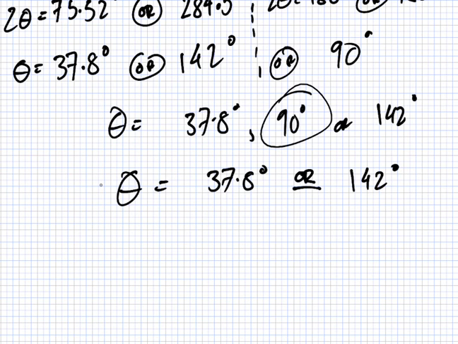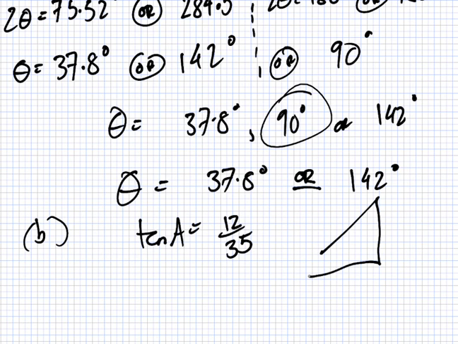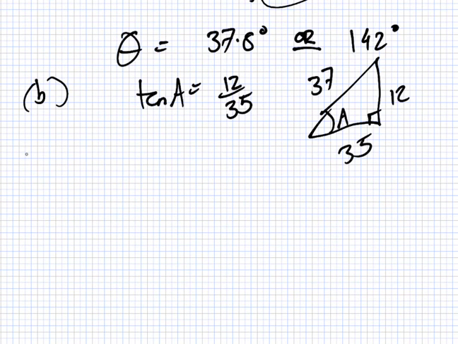Okay, the B part. Very easy. So if I draw my triangle here, oh, ugly. 12, 35, 37. A is acute, so everything is positive.